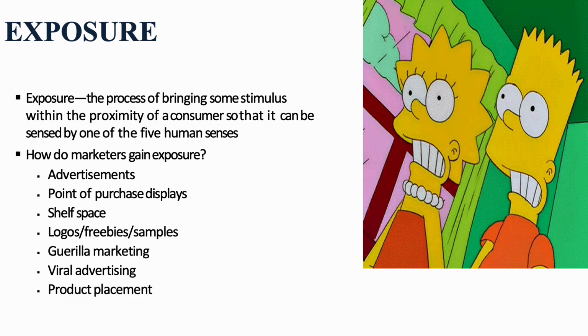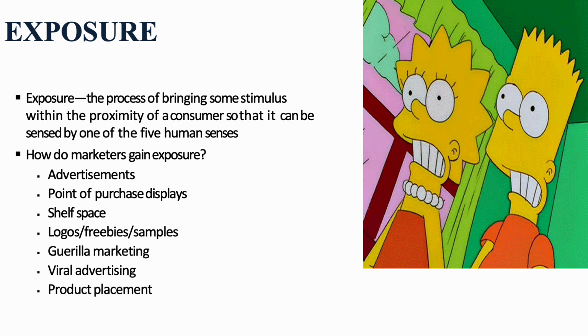Guerrilla marketing is another way we gain exposure. When companies use some kind of surprising or unconventional interactions to promote a product. We'll talk about that later. Viral advertising, although marketers haven't been really good at capturing exactly what makes something go viral. When you have something that does go viral, it tends to be pretty big and good for advertisers.